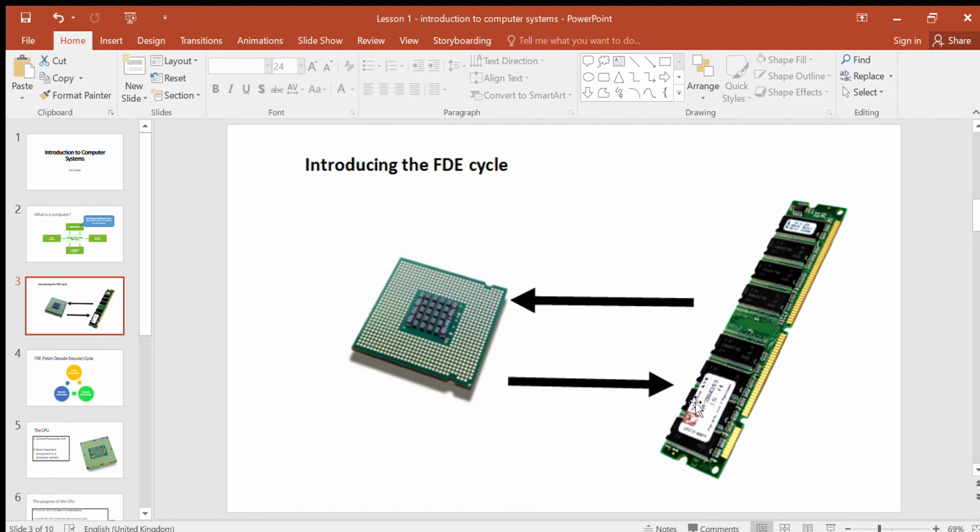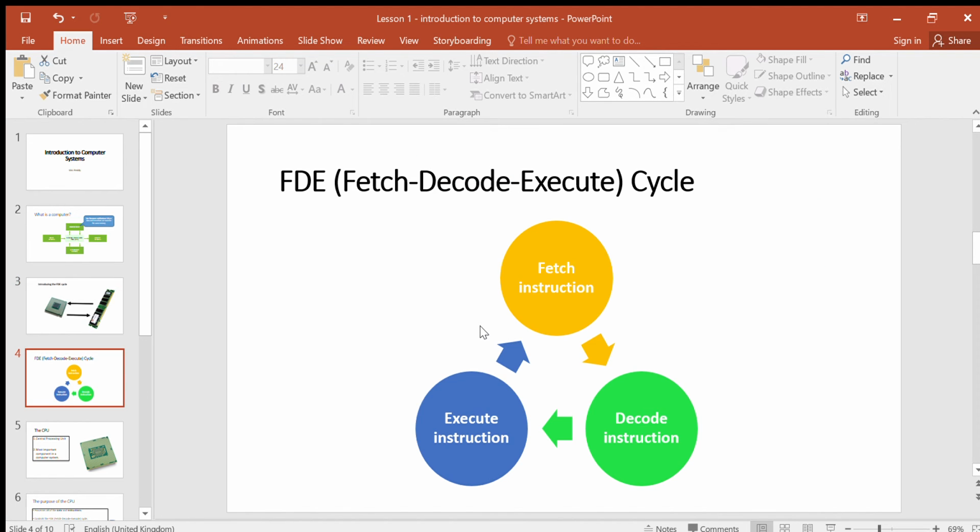Now that is the FDE cycle. This cycle will be happening billions of times per second inside your computer. Every time I'm moving the mouse or if I wanted to insert a new shape or open a new program, the fetch, decode, execute cycle would be occurring between the CPU and RAM to ensure the task was complete.